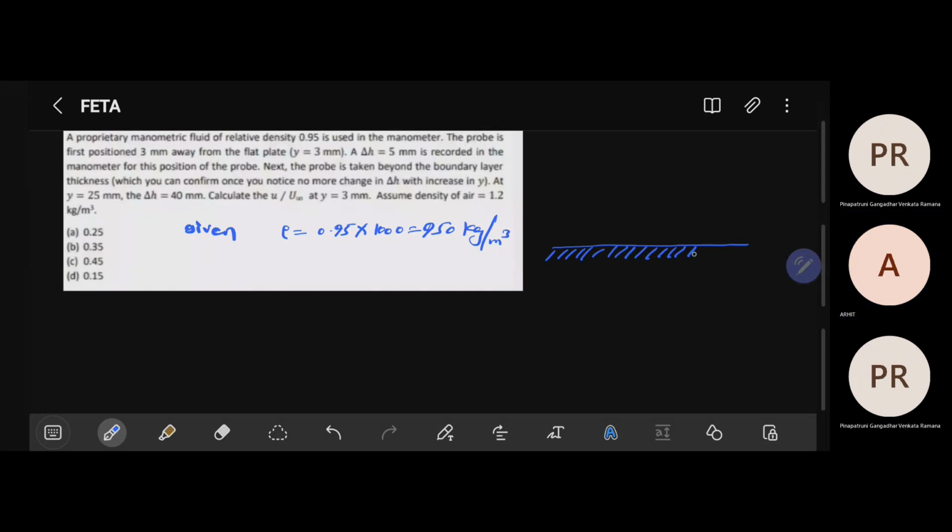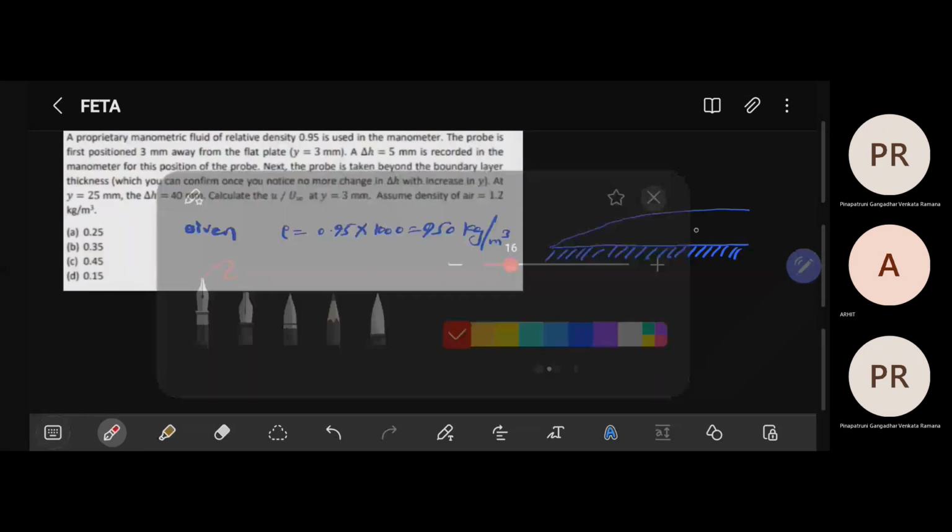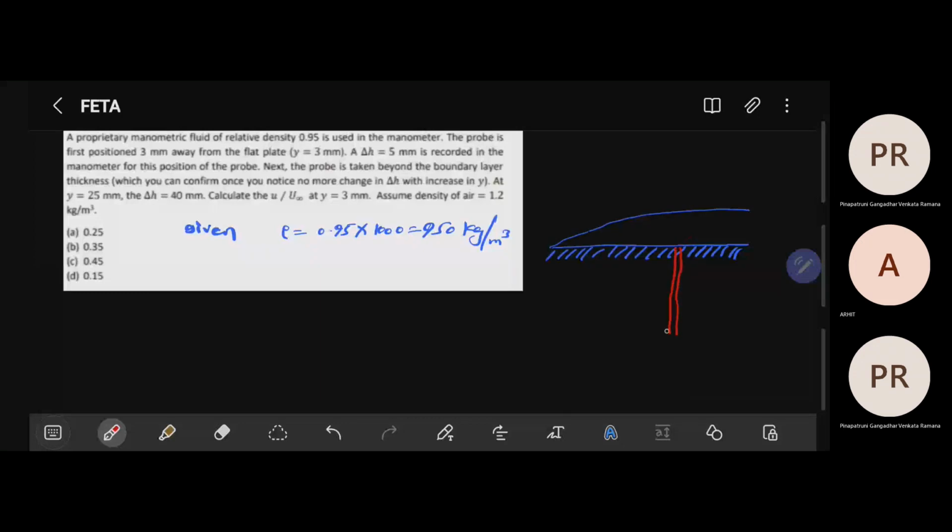Can you see the screen? Yes, sir. So suppose this is your wall and somewhere like this your boundary layer is like this. They are tapping the pressure something like this. This is your static pressure port. They connected this to one of your U-tube manometer.